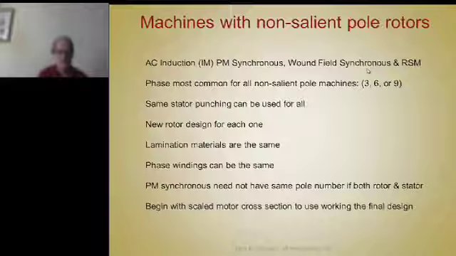But in all of these configurations, the first thing you have to start with is a scaled motor cross-section until you work that into the final design. Long before we ever had computers, the motor designer had to start with a piece of graph paper, a couple of triangles, a straight edge, a ruler, and a compass.